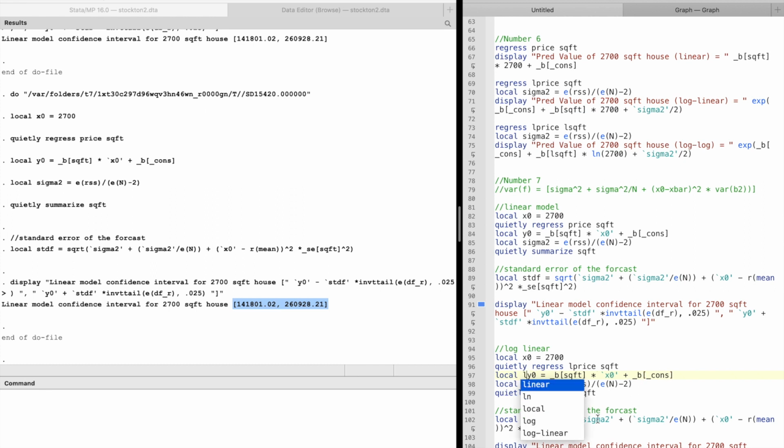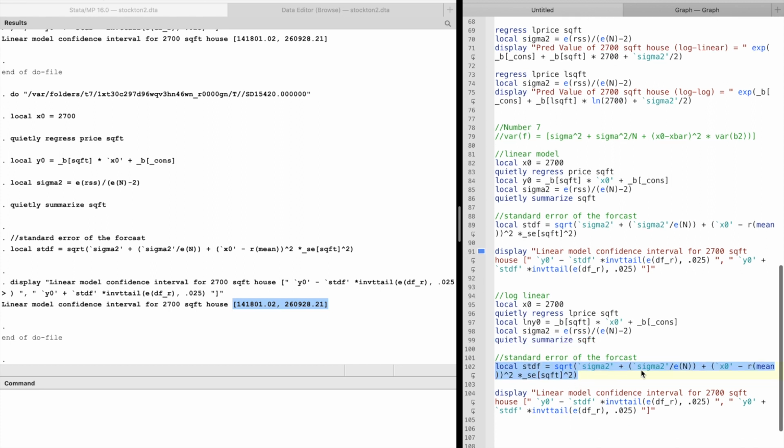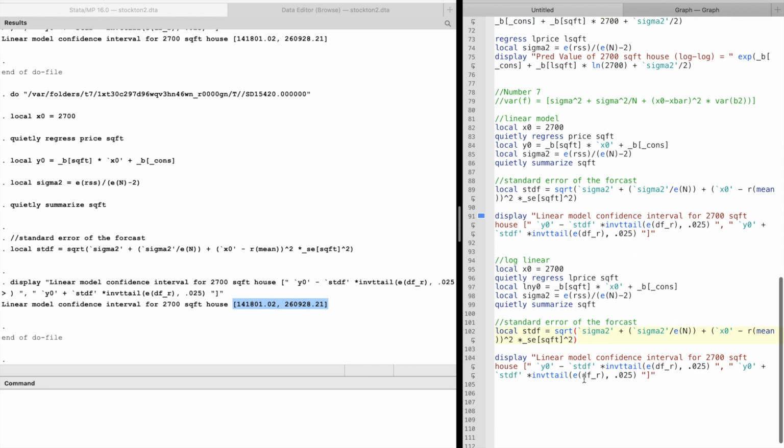This is the ln of y, will be given by the same, it'll be just our constant plus our B2 times 2,700. Gotta find that sigma squared, quietly summarize, and then our standard error of the forecast should stay the same, at least the same formula.